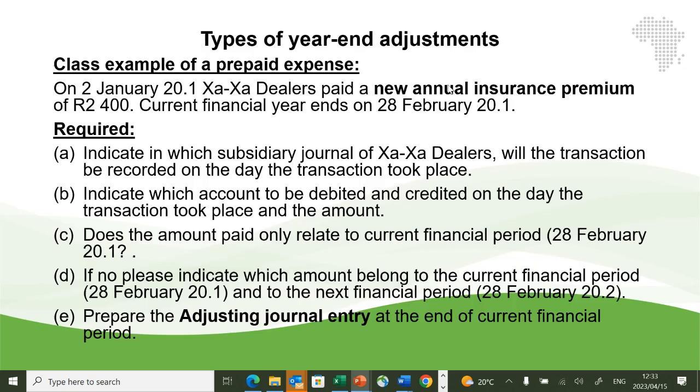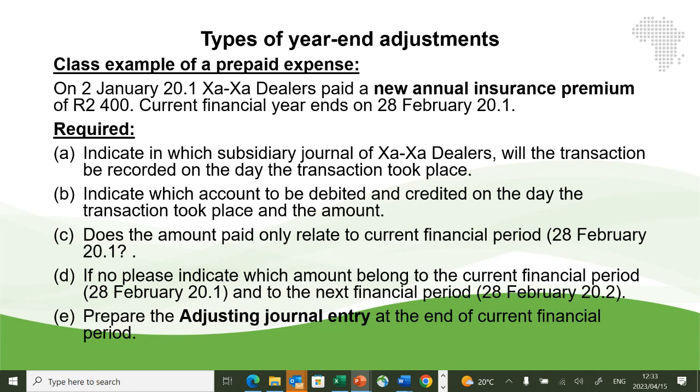For the second question, indicate which accounts are to be debited and credited on the day the transaction took place, and the amount. C: does the amount paid only relate to the current financial period? We need to answer that question. The current financial period ends on the 28th February 20.1.